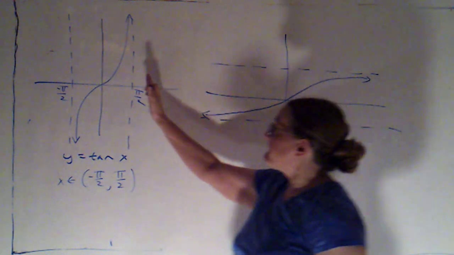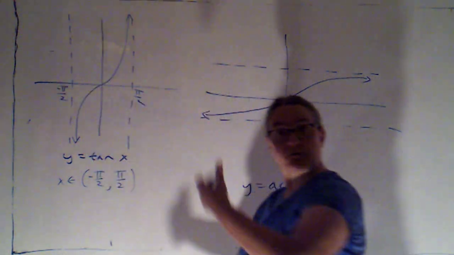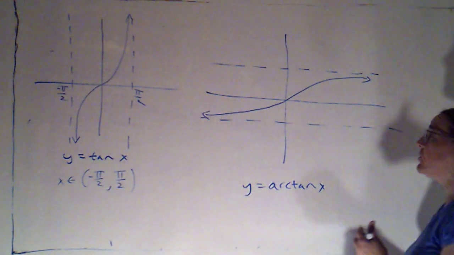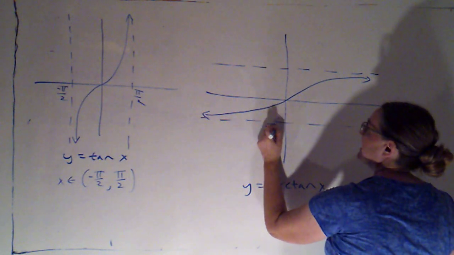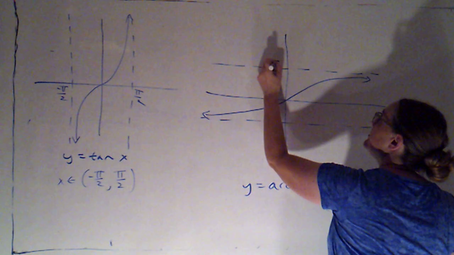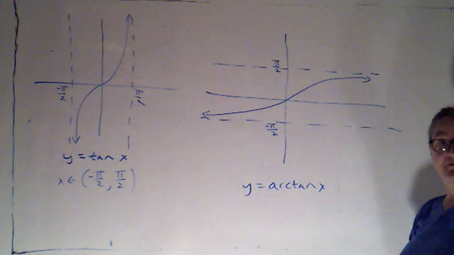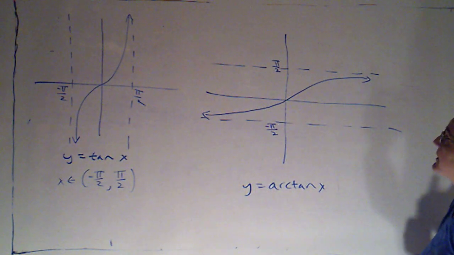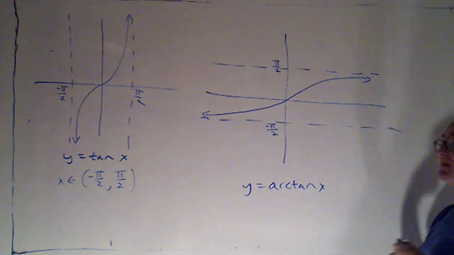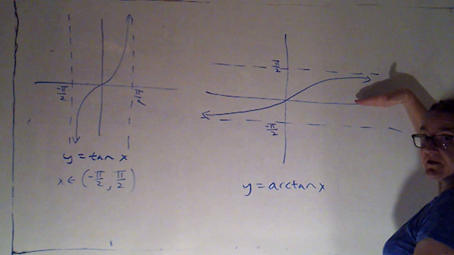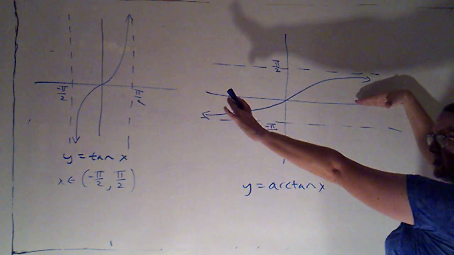Notice these vertical asymptotes: when we switch the role of x and y, vertical becomes horizontal. I now have a horizontal asymptote at negative pi over 2 and at positive pi over 2. Okay? And on the back side of the piece of paper, this was labeled as the y-axis. That was for the original function.